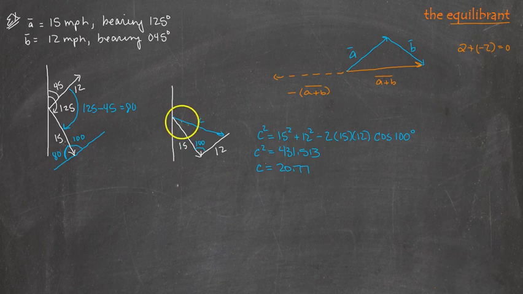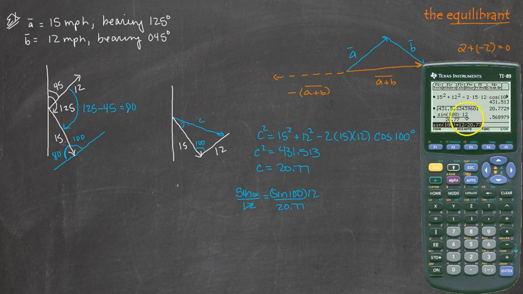So now I can use the law of sines to find this angle. The sine of alpha over 12 has to be equal to the sine of 100 over c, but c is 20.77. So I'm going to multiply both sides by 12 and pull up my calculator again, and the value is 0.5689.